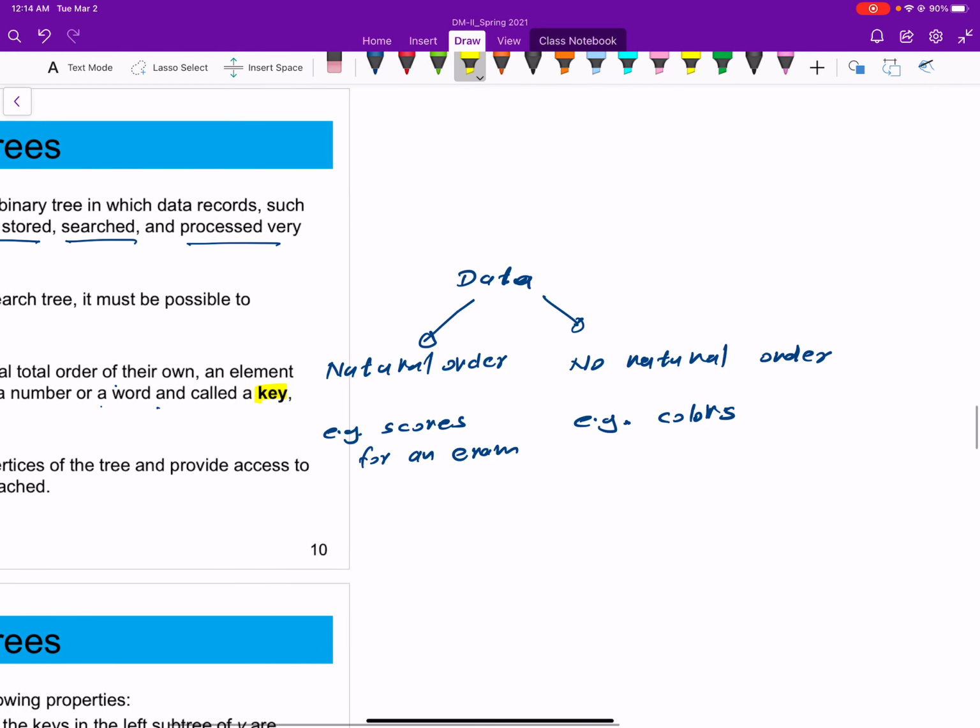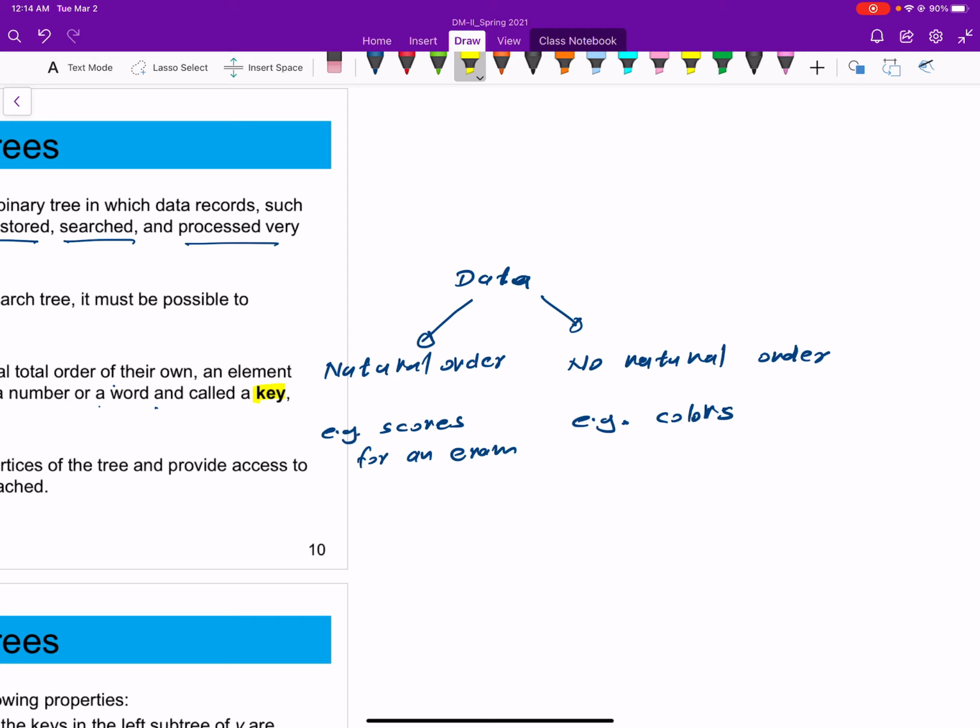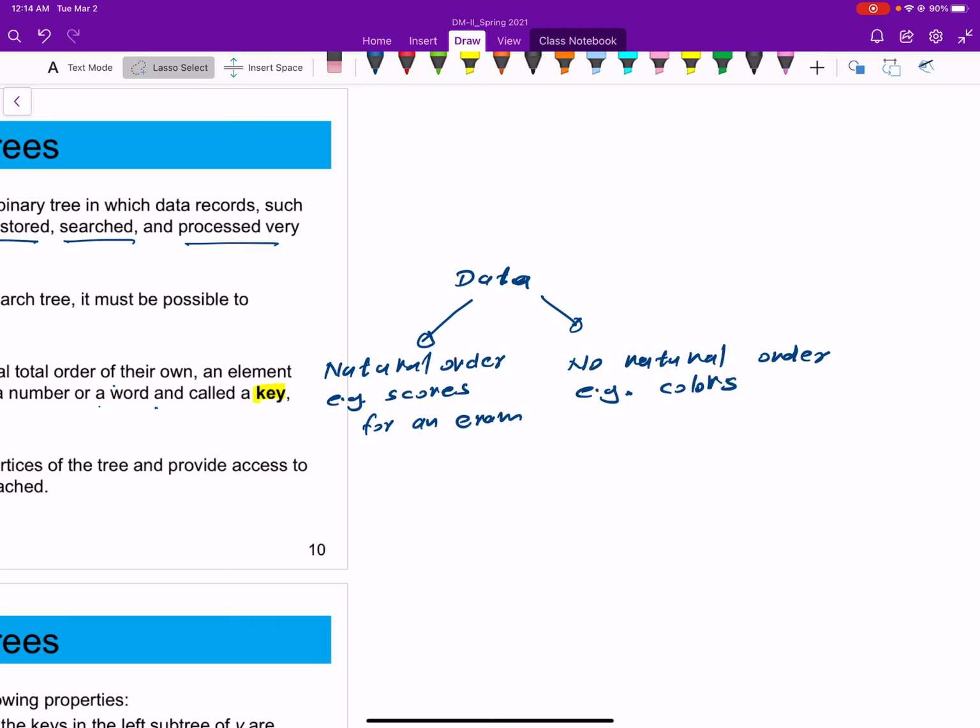Okay, let me rearrange this. For this case, we don't need a key.